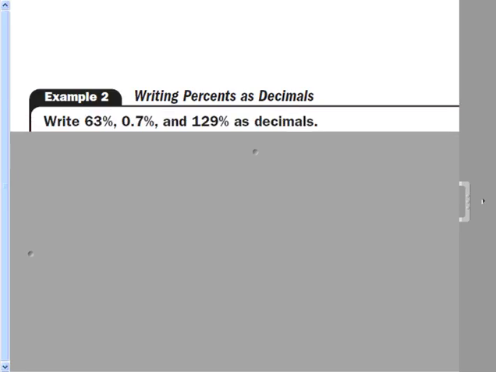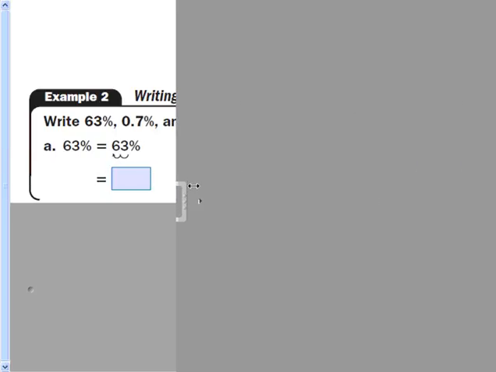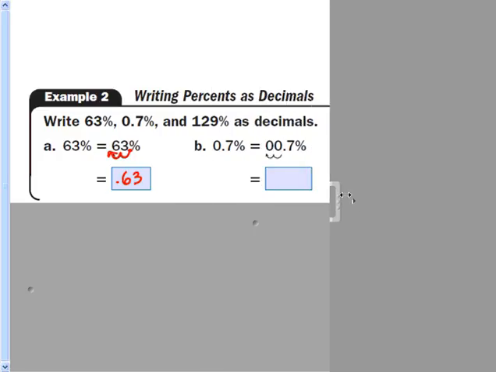In example 2, going the other way, given a percent, writing it as a decimal, they're giving us some help here. 63%, here's the decimal point, moving it twice to the left, 63 hundredths. 0.7%, moving the decimal point to the left twice, we end up with 7 thousandths.